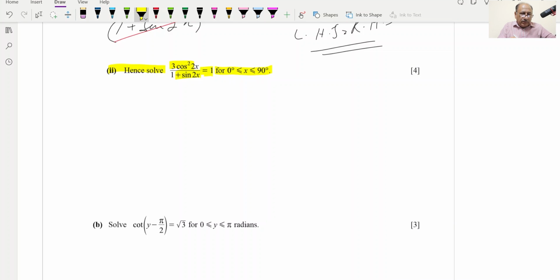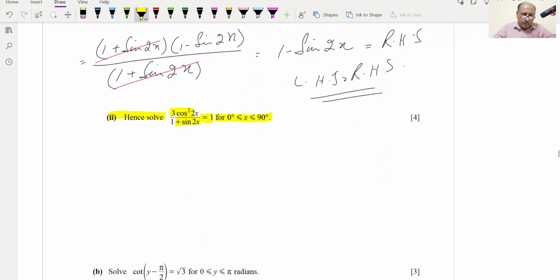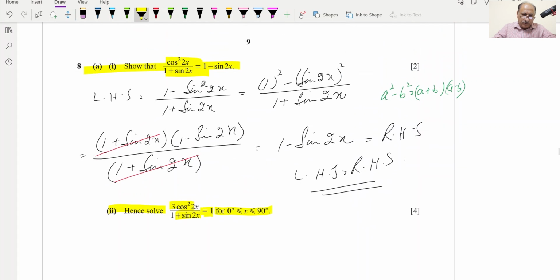So we can rewrite it like what we have done in the previous part. The same thing, this one is equal to 1, and it is 1 minus sine 2x.